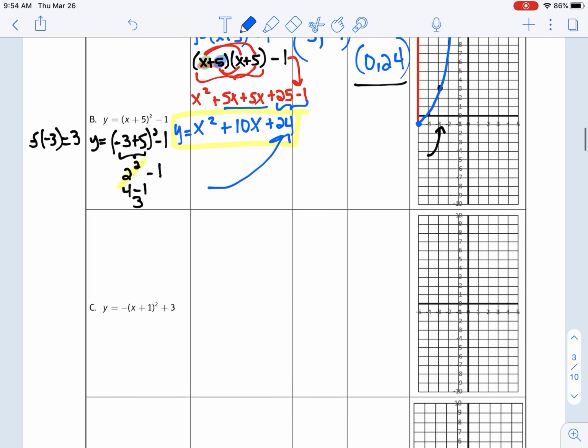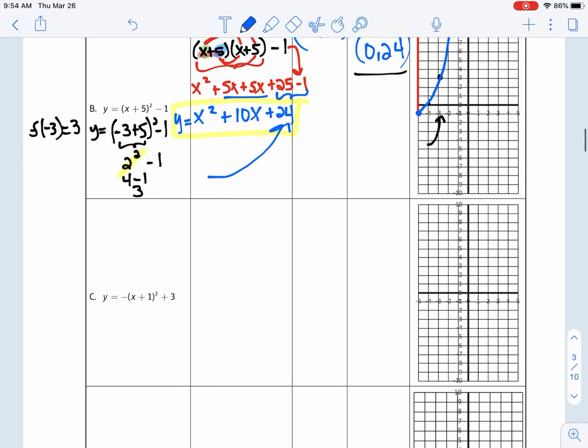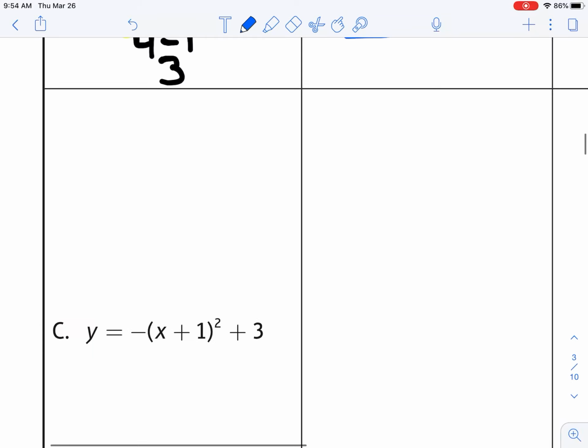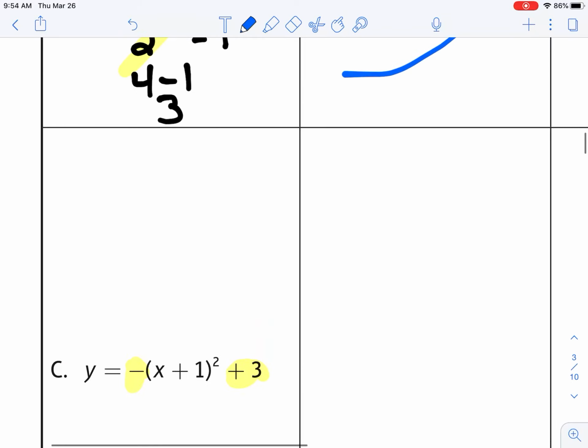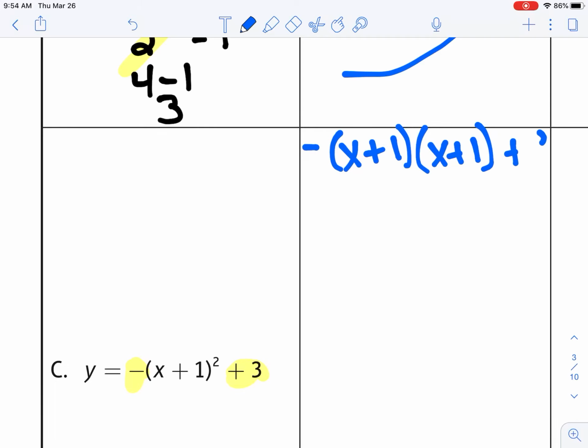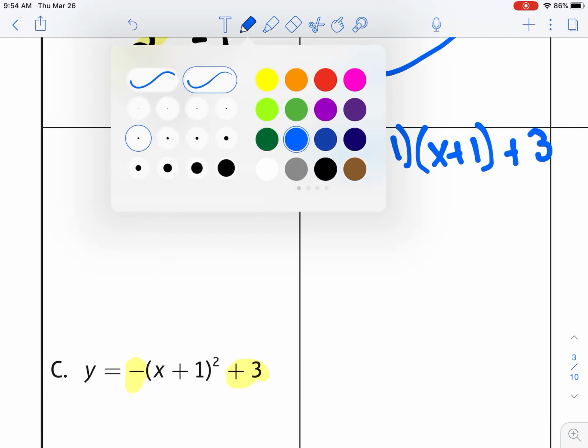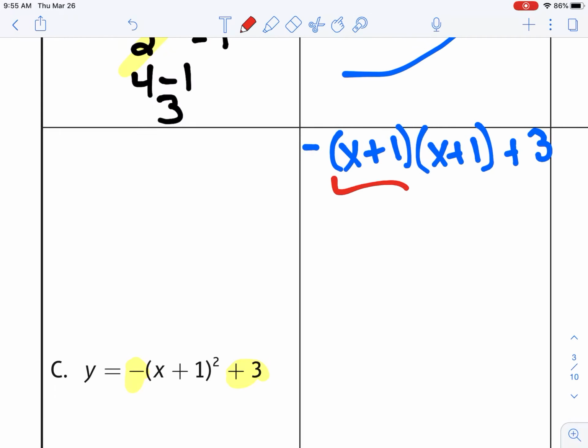Okay, so these last two examples are going to be a little bit more work because we have a negative and a positive 3 to consider here. So to go to standard form, we're going to go ahead and just expand the x plus 1 and the x plus 1 plus 3. Okay, so the first thing I'm going to do is double distribute always.